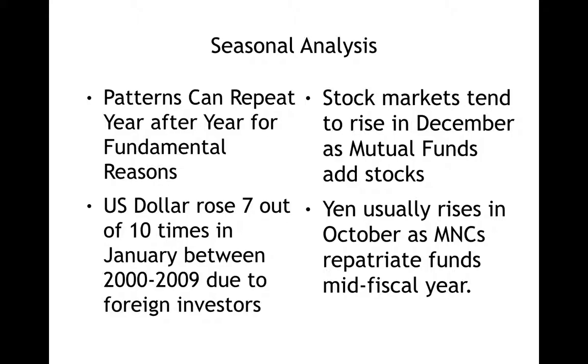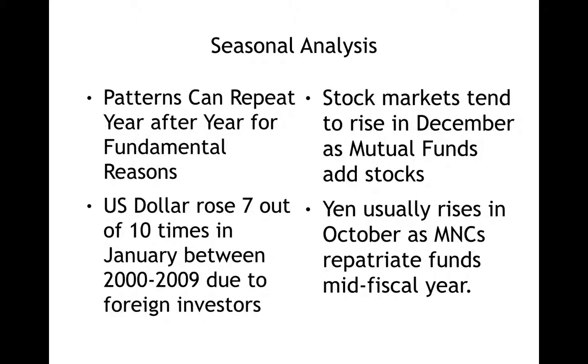With stock markets, they generally tend to rise in December as mutual funds add stocks to their portfolio. Stocks that performed well throughout the year, they'll add them in December so that they can tell investors in their prospectus that they had these stocks in their portfolio, even if they didn't get the gains.